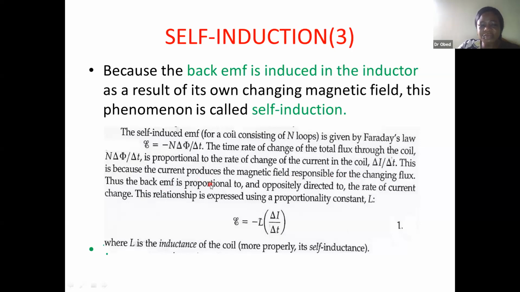Thus, the back EMF is proportional to and oppositely directed to the rate of current change. This relationship is expressed using the proportionality constant L, which is known as the inductance of the coil, or self-inductance. We call this equation 1.